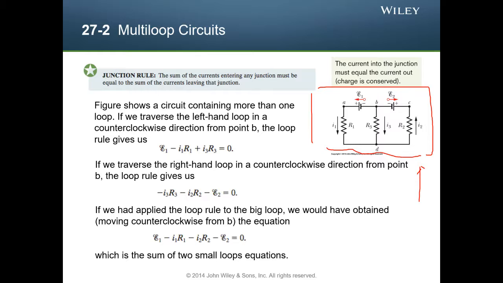And so, the first one is the loop method, using KVL, Kirchhoff voltage law.